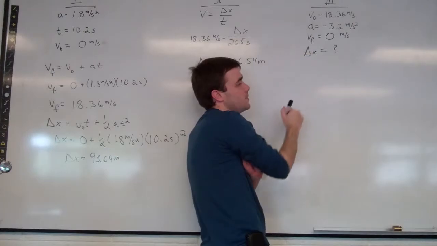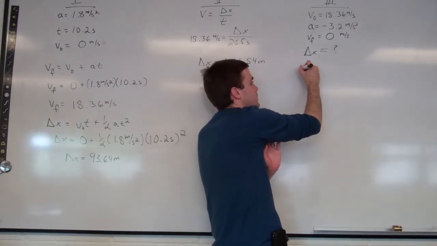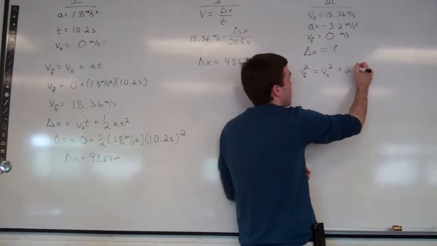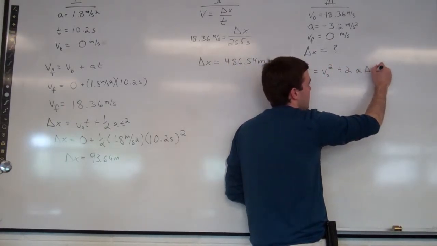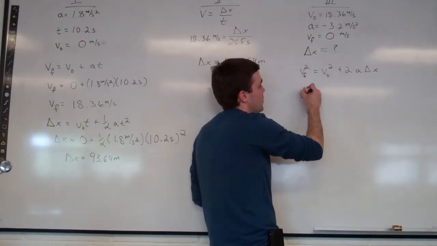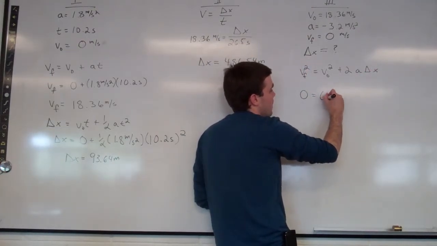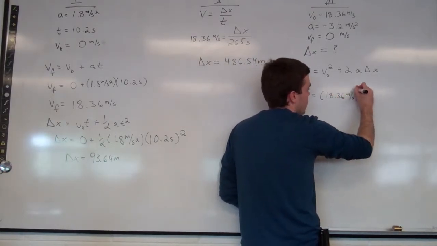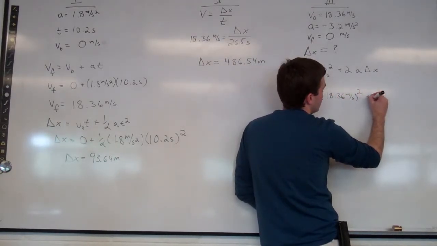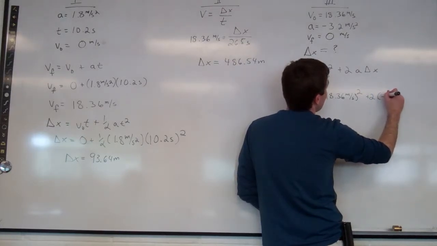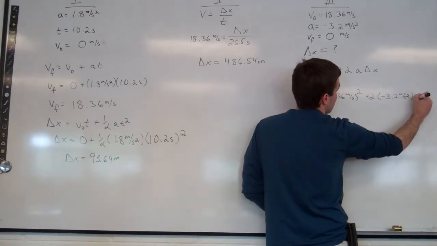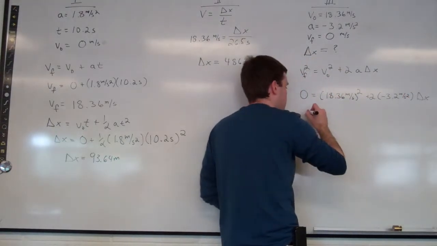So what equation has these 4 variables in it? So 0 equals 18.36 meters per second squared, plus 2 times negative 3.2 meters per second squared, times delta x.